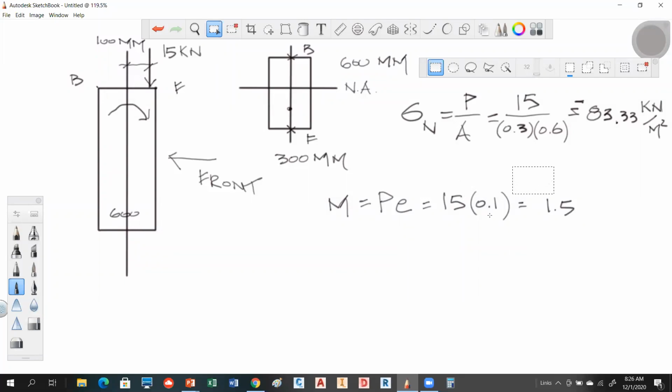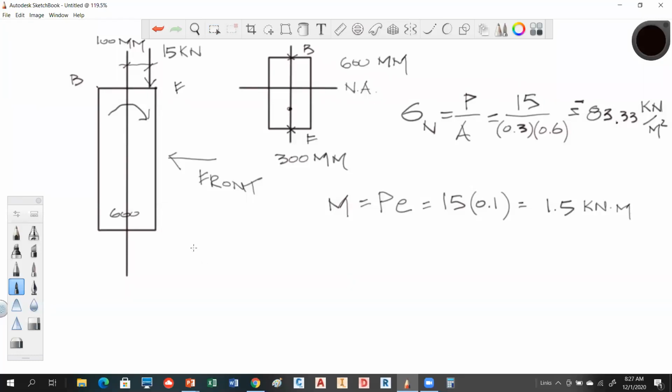Force times what? Distance. Yeah, so this would be kilonewton meters, okay? So it's not wrong what I said, it's just wrong what I was using. I was saying that was the bending stress, and it's not.